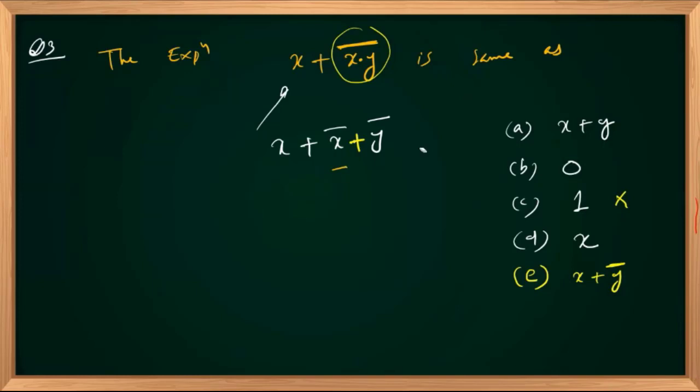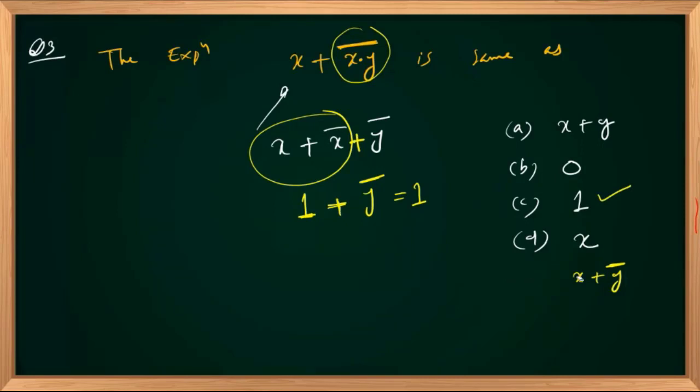So this is x bar plus y bar, and I have x plus x complement here. X plus x complement will be always equal to 1, and 1 plus y complement, 1 plus any value will give you logic 1. Then as you said, option C is correct. That was my mistake. So I'm eliminating option E. Logic 1 is the correct answer.